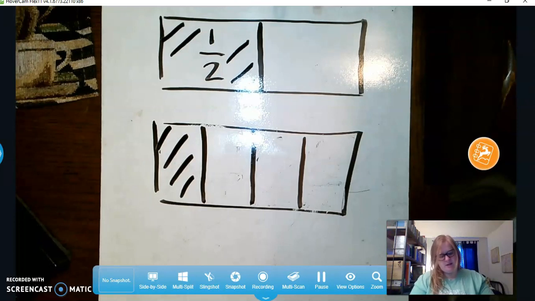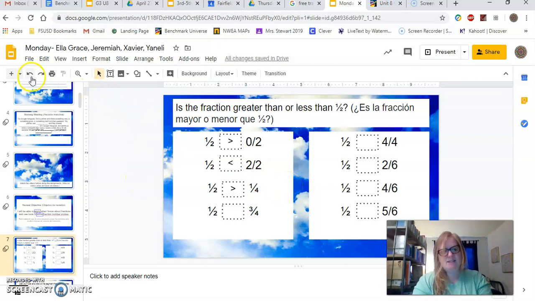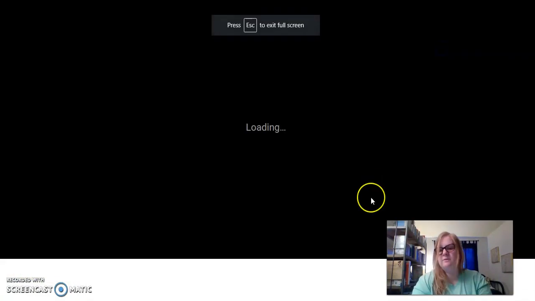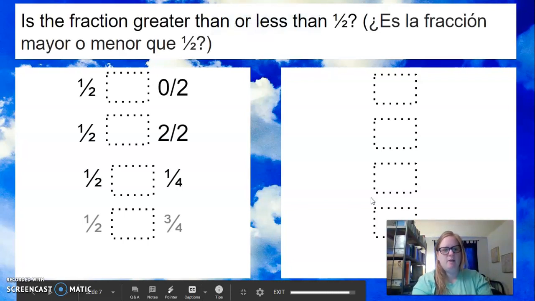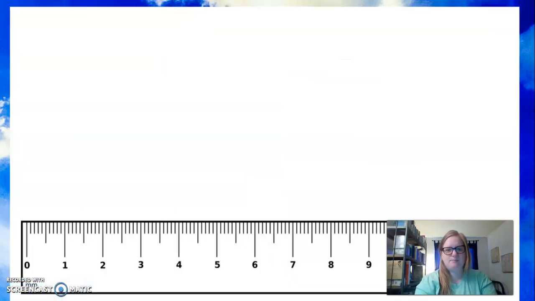It is greater than, so I would go back and I would put that it is greater than. Okay? So that is how you do this assignment, or your warm-up, I should say. And so that is there for you to do. You're going to compare 1/2 and 3/4, 1/2 and 4/4, 1/2 and 2/6, 1/2 and 4/6, 1/2 and 5/6.